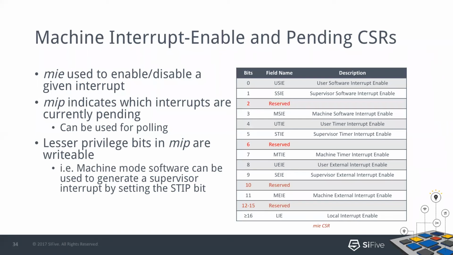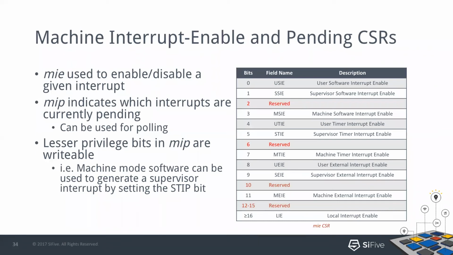Also of interest is that lesser privileged bits in the MIP register are writable. So for example, machine mode software can set the supervisor timer interrupt pending bit if it wants to trigger the timer interrupt in supervisor mode.